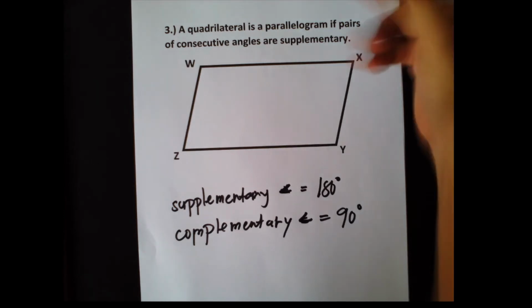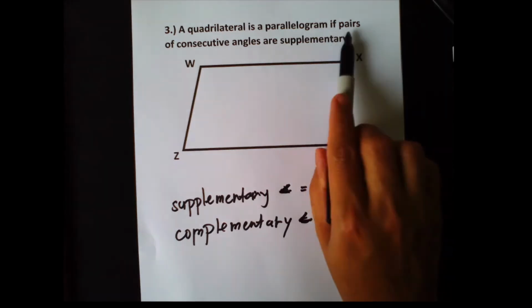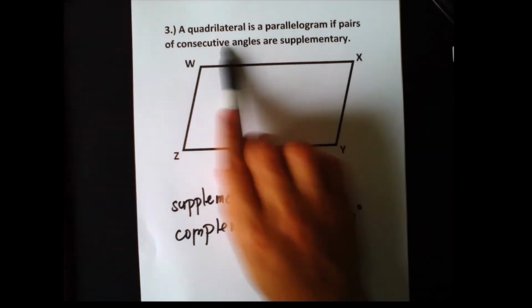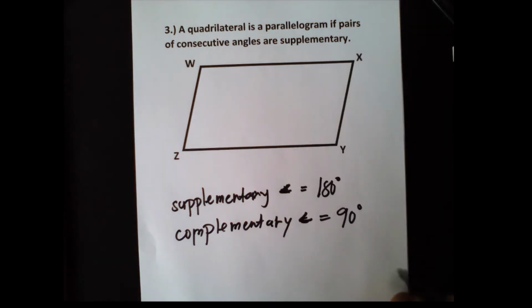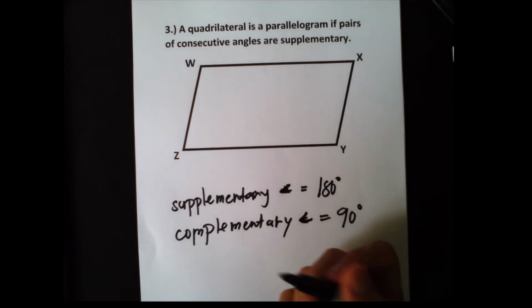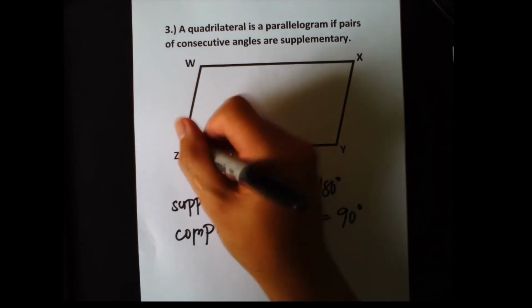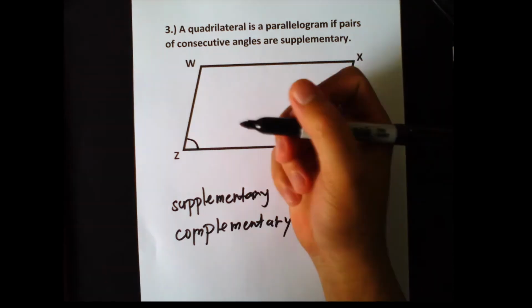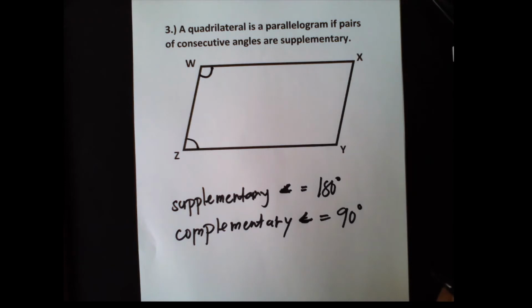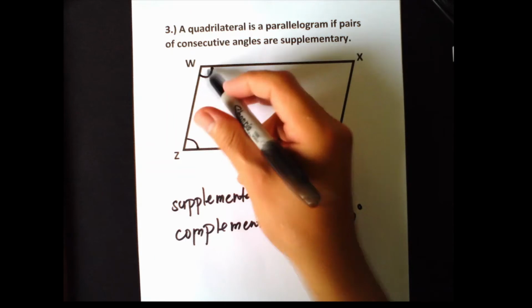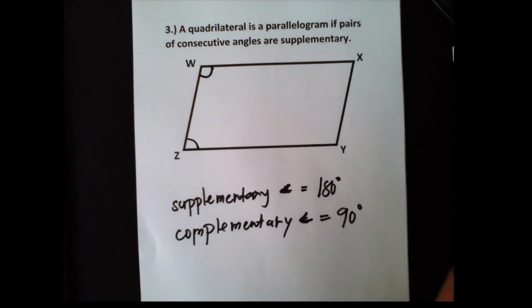So based on the condition, if pairs of consecutive angles are supplementary, let's identify first where the consecutive angles are. The consecutive angle is angle Z, which is consecutive to angle W. Meaning the total measurement of these has a measurement of 180 degrees.